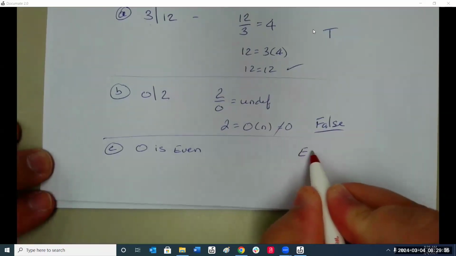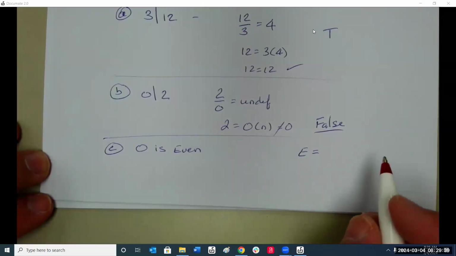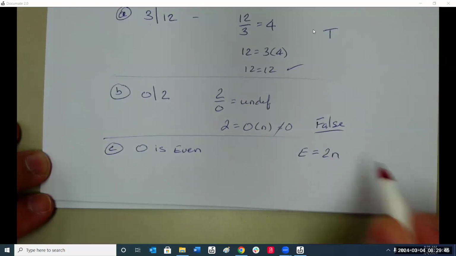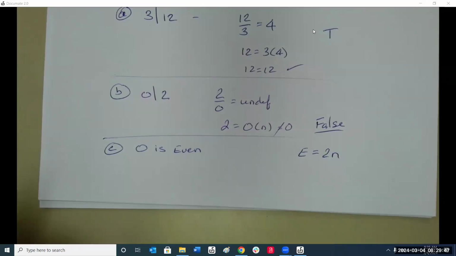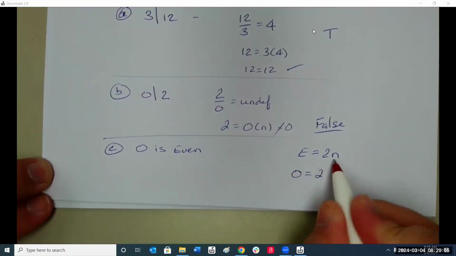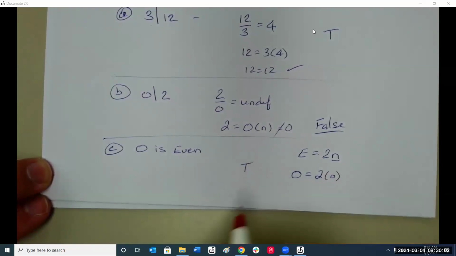A number is even if it has what formula? 2n. 2 times n. So is there a number n I could multiply to this to make it equal 0? Yeah. So it's true.